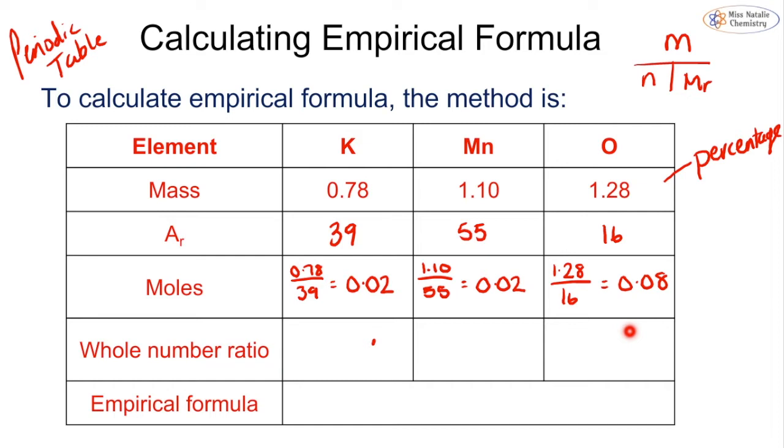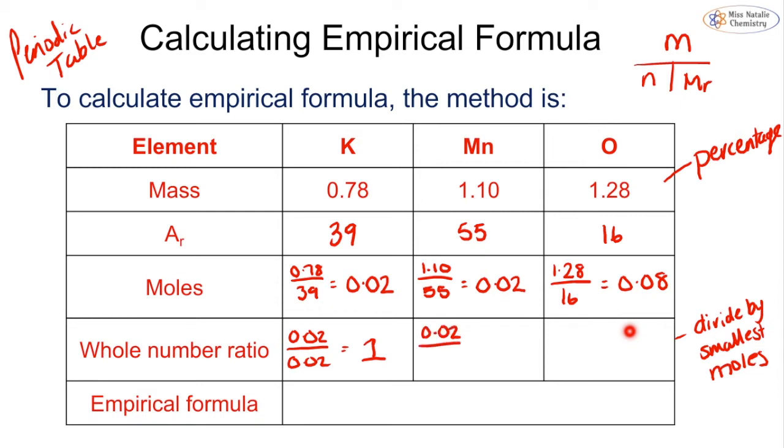Now what we do for the next step is figure out the whole number ratio, and we do this by dividing by the smallest number of moles. So we look at the values that we have, and we can see for each out of the three of them, 0.02 is the smallest. So we divide every number of moles by 0.02. So I have 0.02 divided by 0.02, giving me an answer of 1.